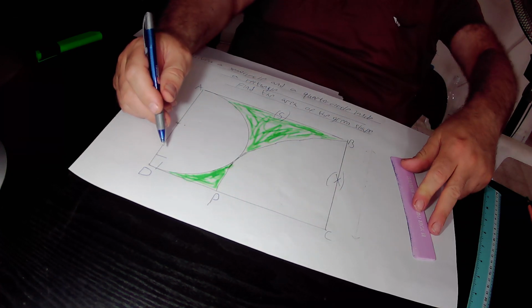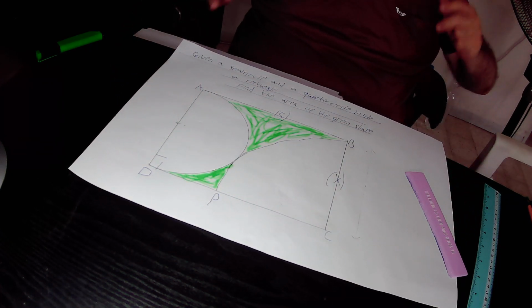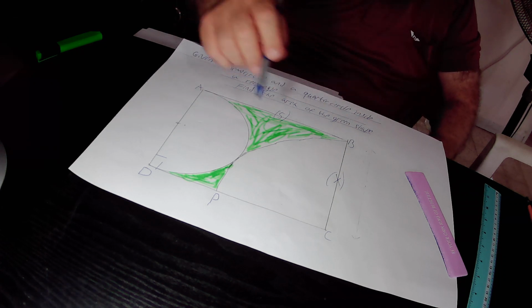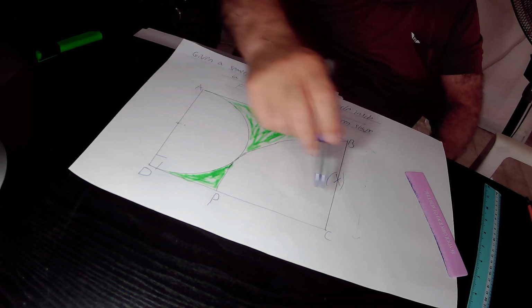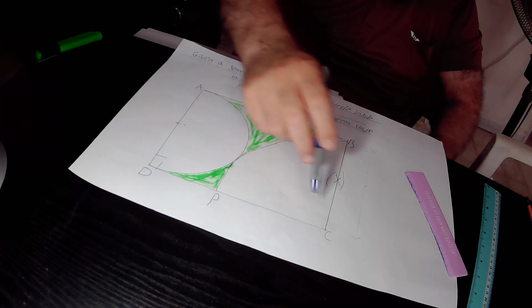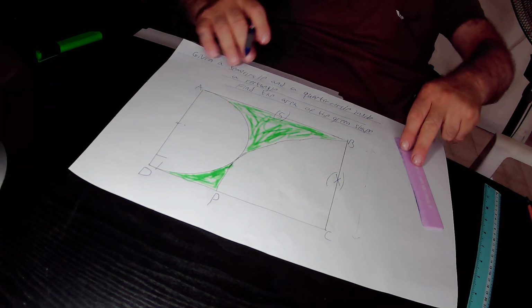In addition, we also know that the opposite sides of a rectangle are equal to each other. So in rectangle ABCD, side AB must be equal to the opposite side DC, but AB is 5, therefore DC must also equal 5 units in its length.